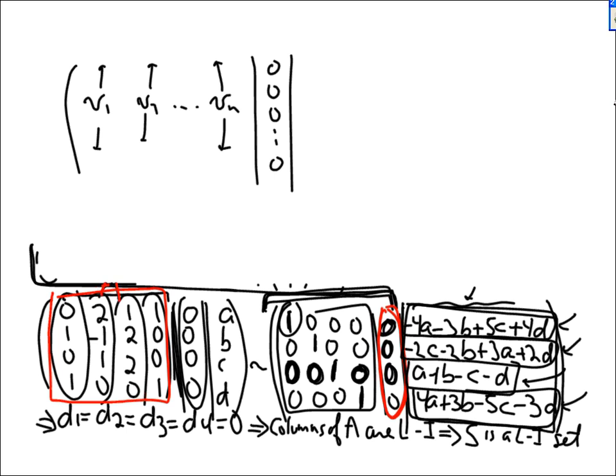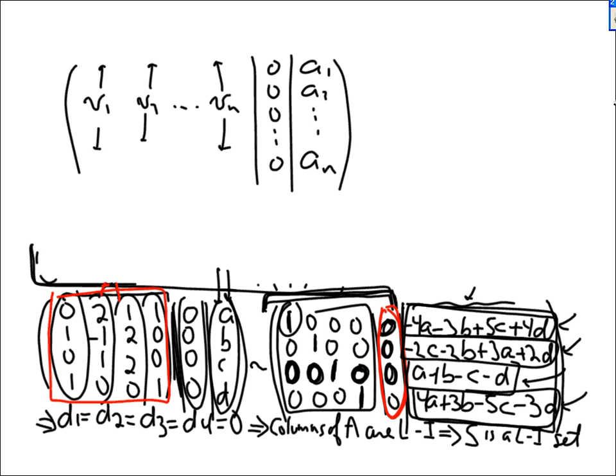And instead of using A, B, C, D, which was favorable in R4, in Rn I'll use A1, A2, down to An. Reduce this.